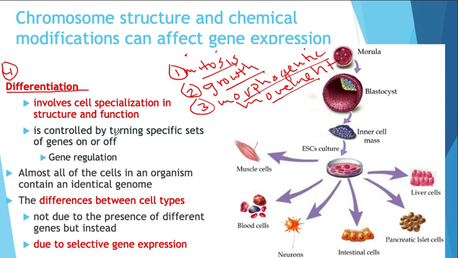Okay, so differentiation involves the regulation and the turning on and off of specific genes in order to guide a cell down a particular fate as a result of chemical cues encountered in the environment. Okay, most of the cells in the body of an organism, a eukaryote, are going to have the same DNA from front to back. The only exception would be the lymphocytes and the gametes.